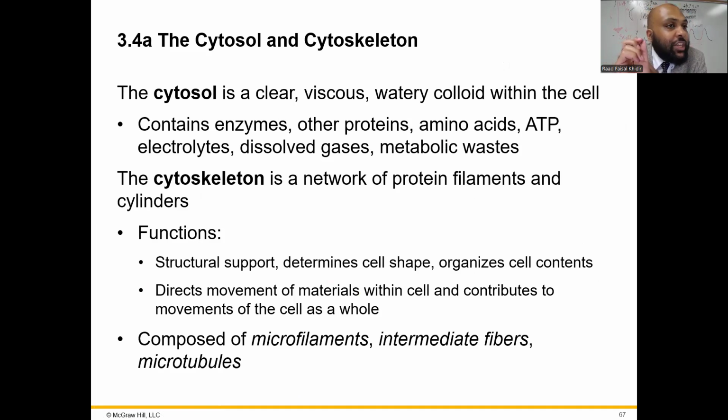A suspension is when you have plasma with water along with red blood cells. A colloid is when you have water with proteins. And what's an emulsion? An emulsion is when you have a liquid dispersed in a liquid, such as oil and vinegar, like the salad dressing.